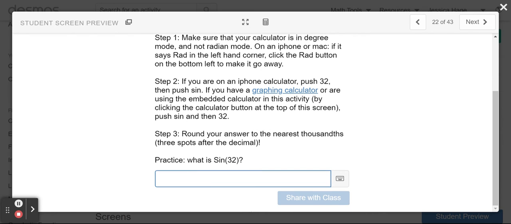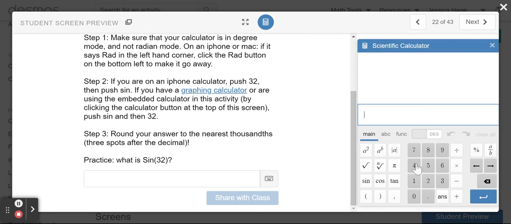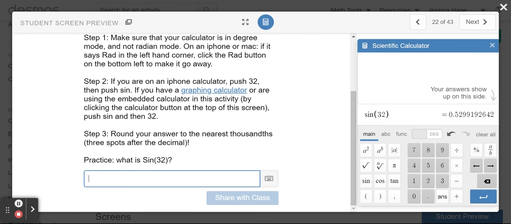So sine 32, you have your calculator here. It's already in degrees. If you open the Desmos calculator outside of this activity, make sure you click the wrench and then click degrees. But right now we're okay. So sine 32, and then we want to round: 0.5299, or you can round up to 0.530.